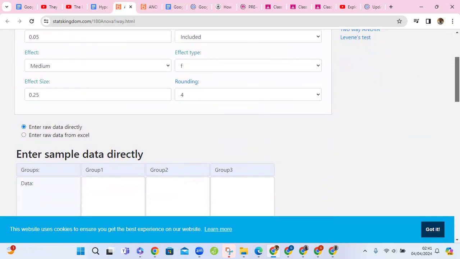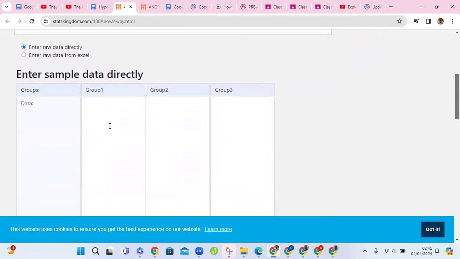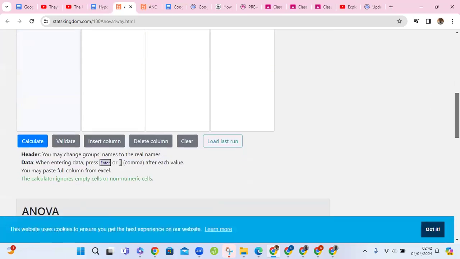So the groups are medication, and there are 4 different groups: medication A, medication B, medication C, medication D. So we need to add another column. Insert another column.